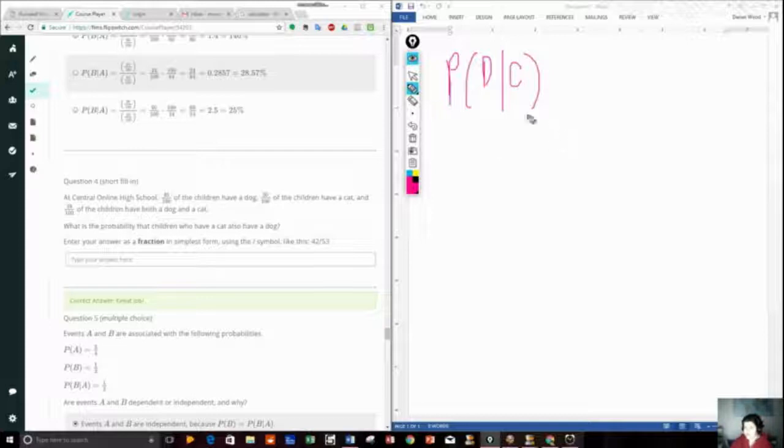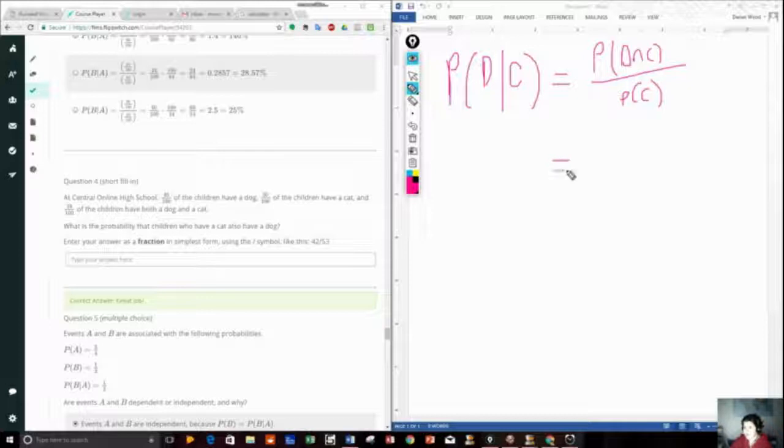So they want to know, what is the probability of having a dog if you already have a cat? There are 2 ways we can do this. We can use the formula: the probability of having a dog, given that you already have a cat, equals the probability of dog and cat divided by the probability of having a cat.